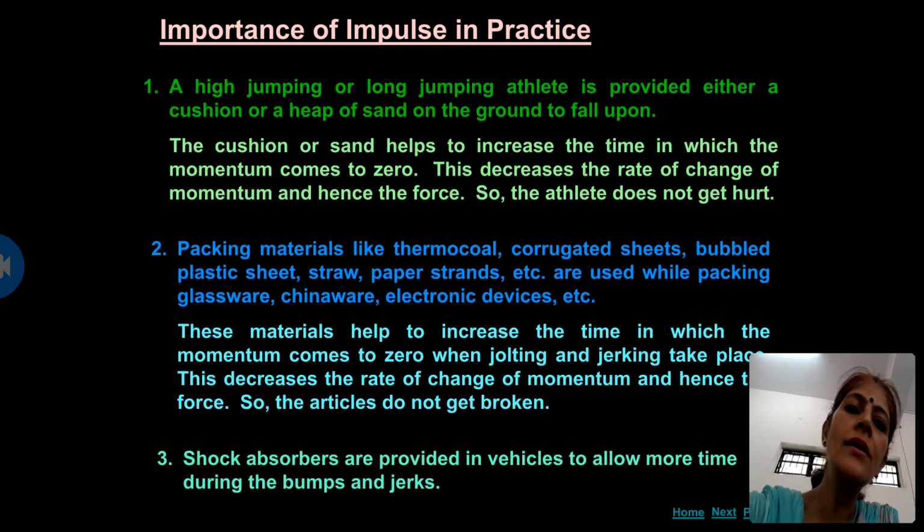This decreases the rate of change of momentum, that is dp by dt. As dt increases, dp by dt decreases, and hence the force also decreases. So the articles do not get broken.